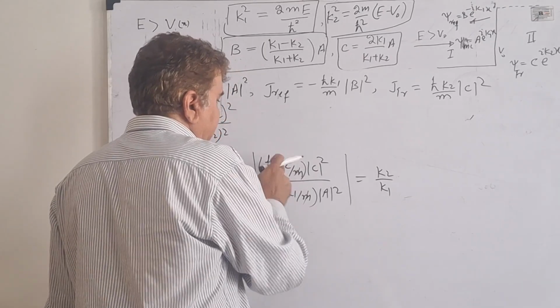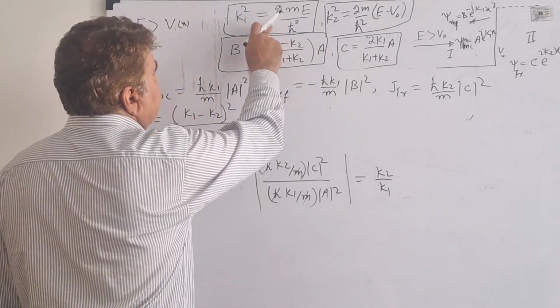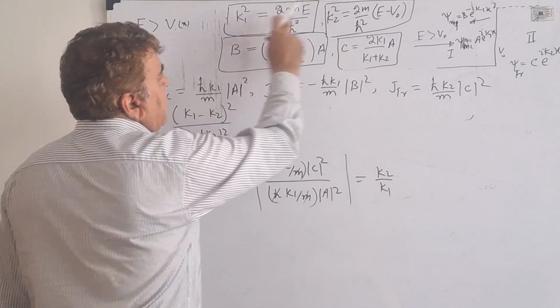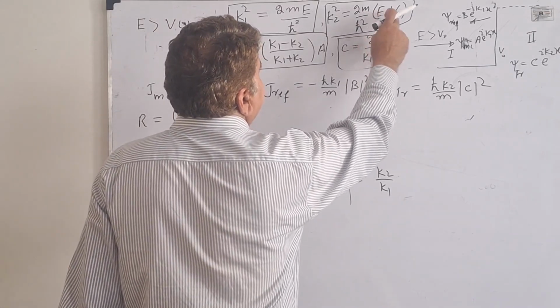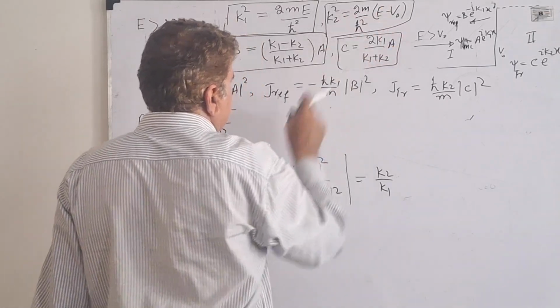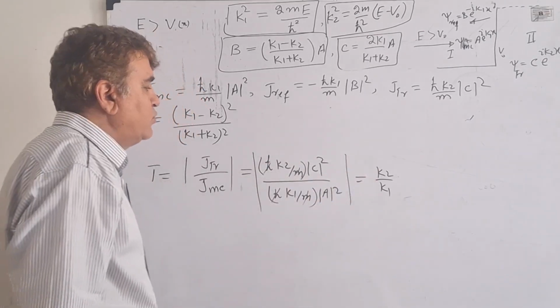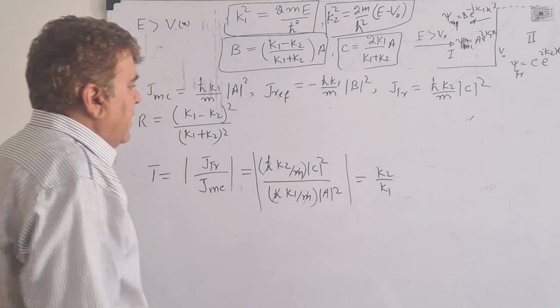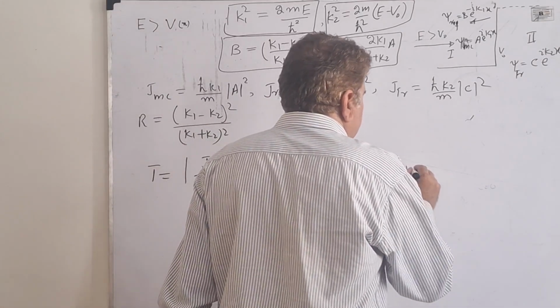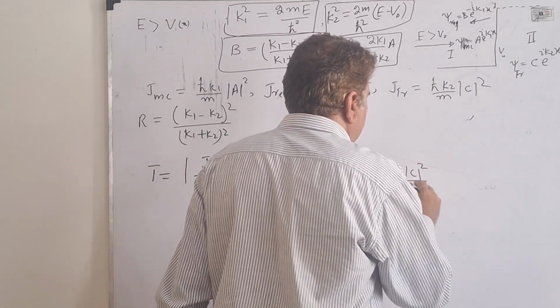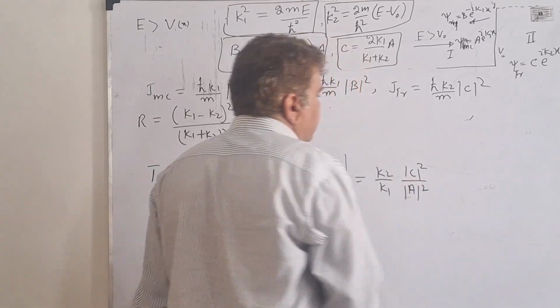According to this definition, k1 is a positive number, and since E is greater than V naught, k2 is a positive number. Therefore, the mod of h bar k1 and h bar k2 is k2 and k1, multiplied with mod C squared divided by mod A squared.